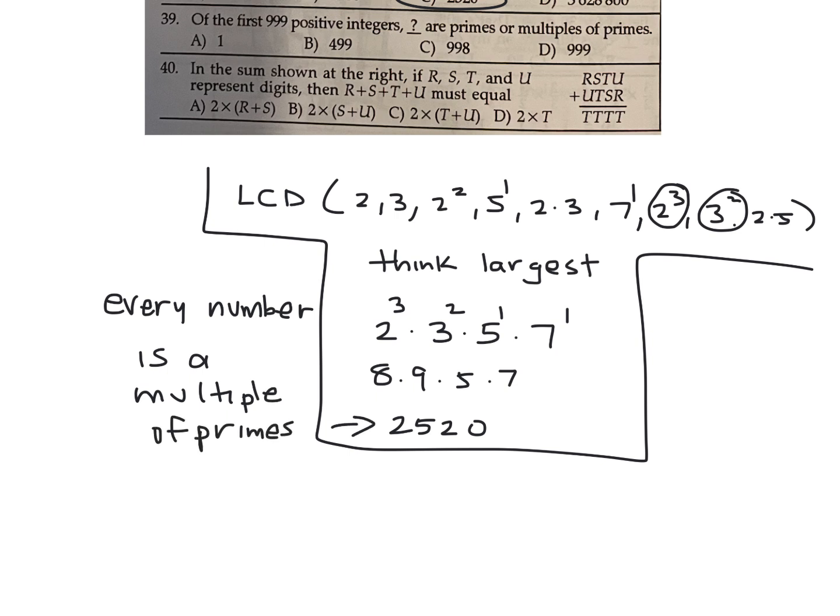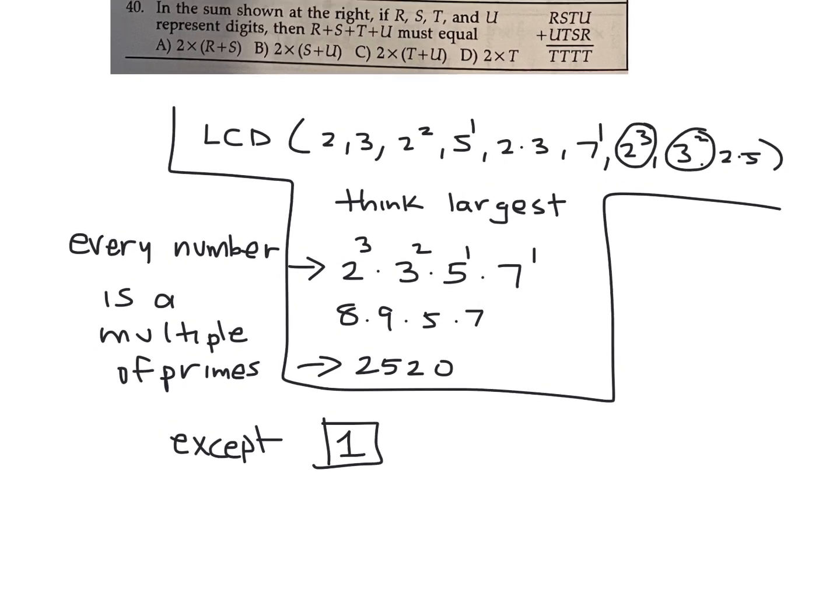Every number can be broken down into a product of primes. There's only one exception, the number 1. That cannot be written as a product of primes, and 1 is not a prime itself. So of the first 999, all of them except the number 1, so therefore it would be 998. So that would be C.